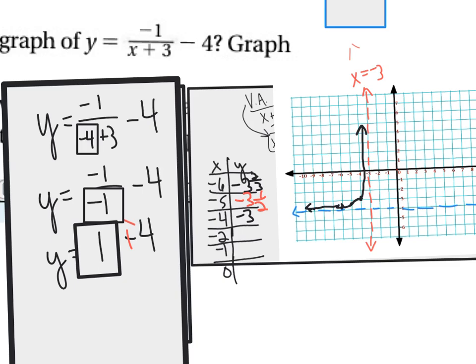So if we look at the points on the other side, first of all, if we put in a -2, -2 plus 3 would be 1. So we've got -1 divided by 1, which is -1. And -1 plus -4 is -5. Next we can put in -1.